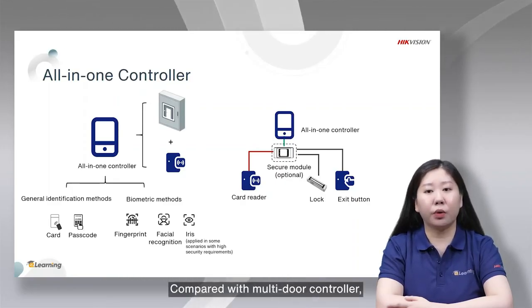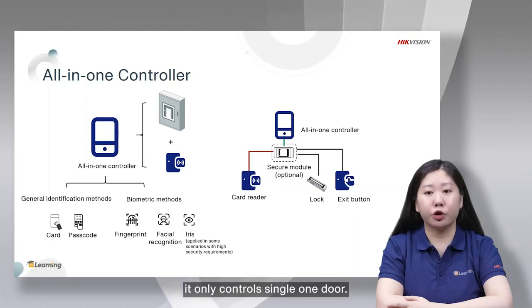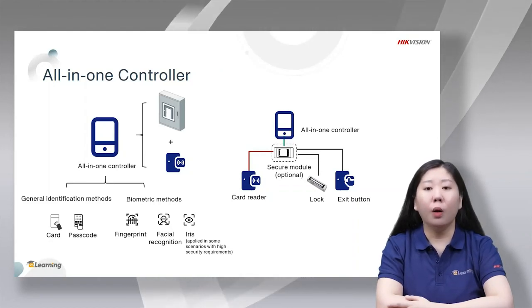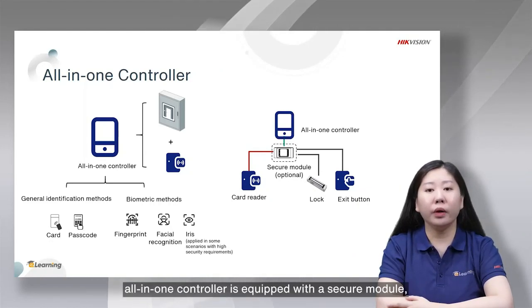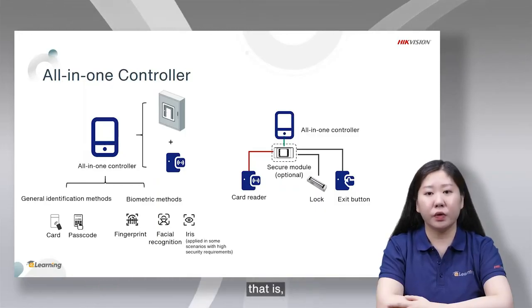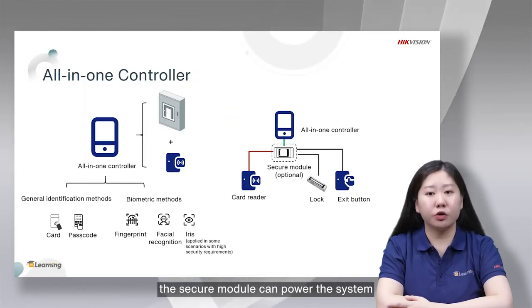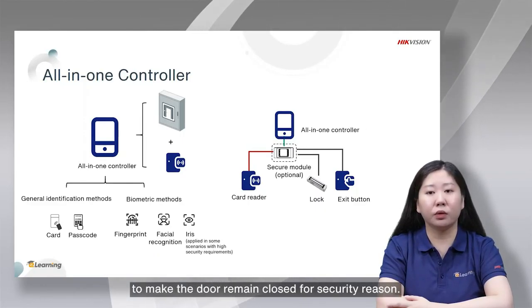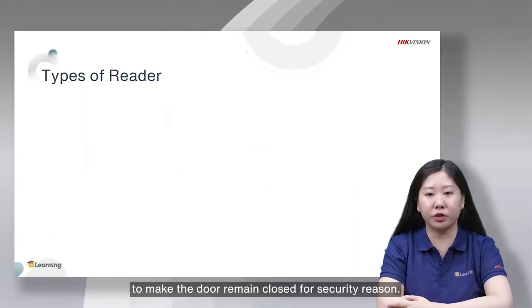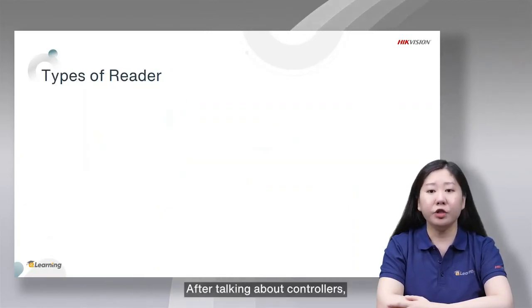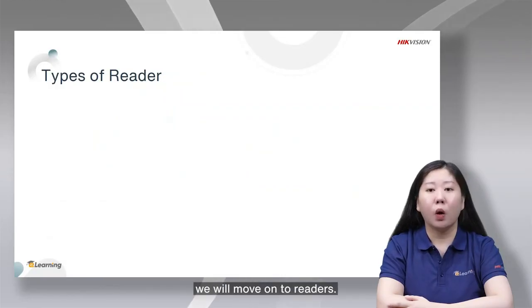Compared with multi-door controller, it only controls a single door. More importantly, all-in-one controller is equipped with a secure module. That is, when the all-in-one terminal is destroyed, the secure module can power the system to make the door remain closed for security reasons.